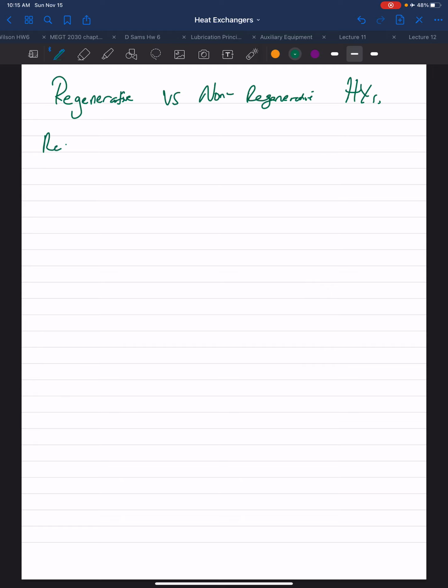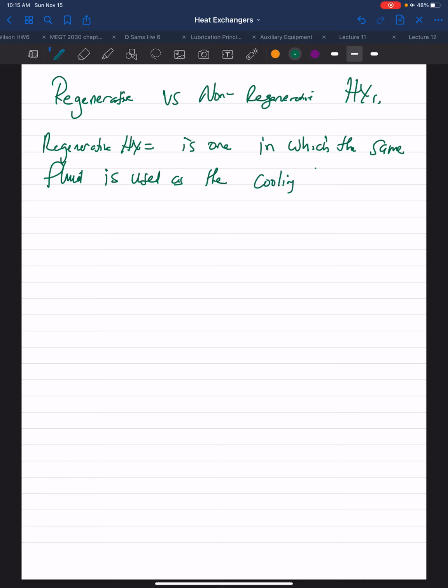So regenerative is one in which the same fluid is used as the cooling fluid and the fluid that is being cooled.